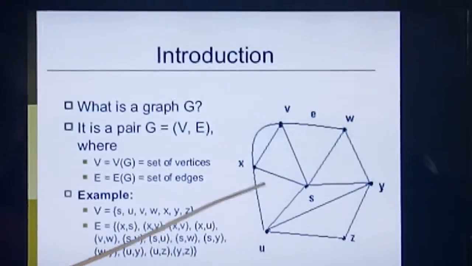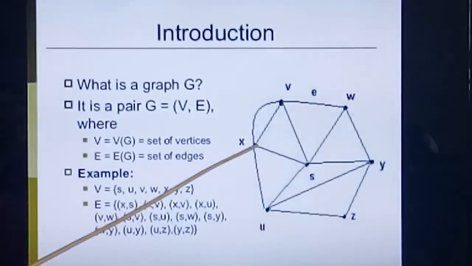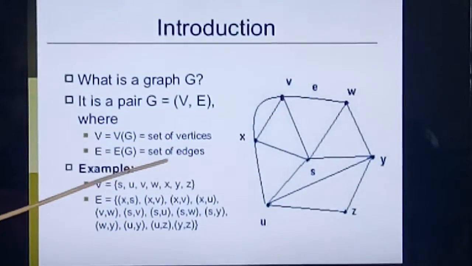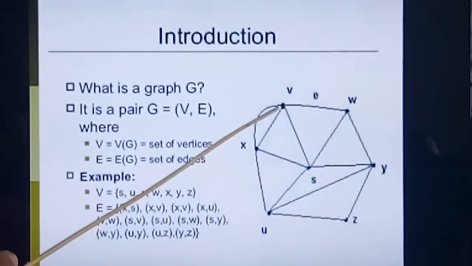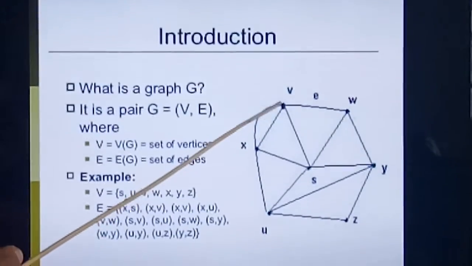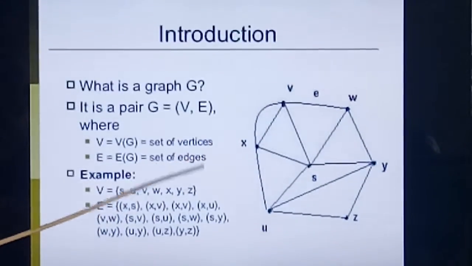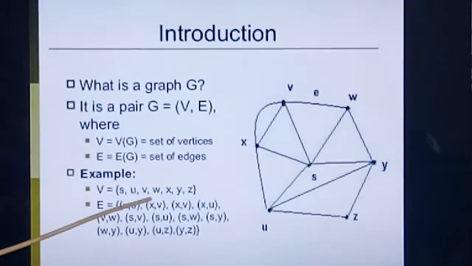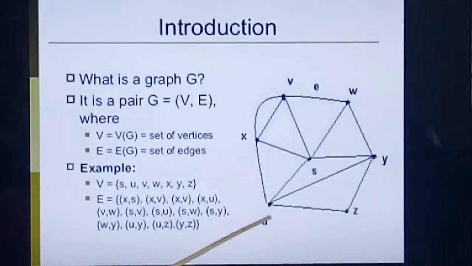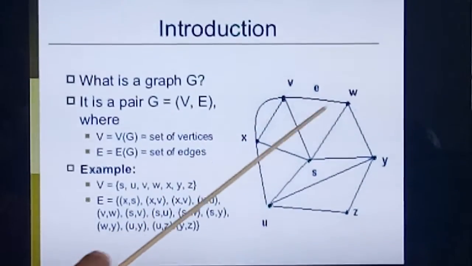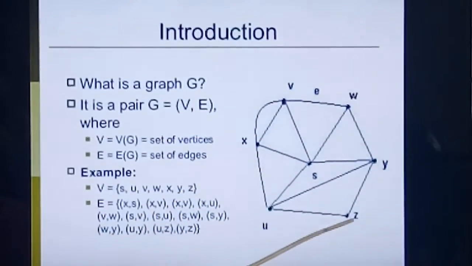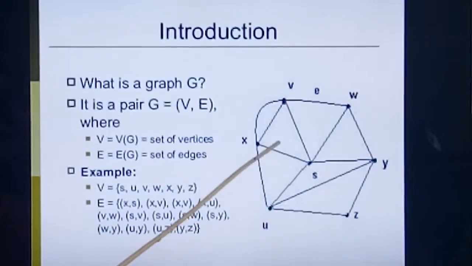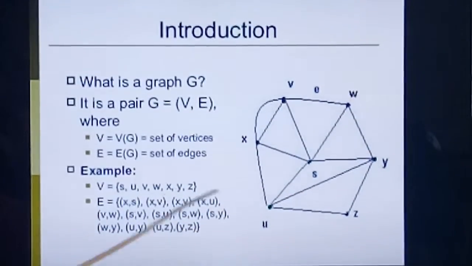You could see in this example the dots are called vertices or nodes, and the vertices connected by a line, you call it an edge. So capital V is the set of all vertices S, U, V, W, Y, X and Z, and an edge is nothing but the line that is connecting two vertices.